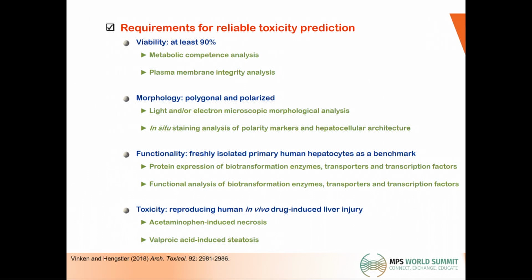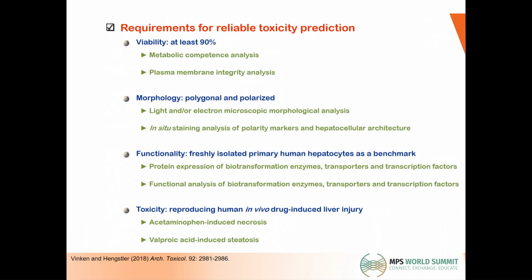Now, the second issue here is that very often claims regarding functionality are being made by authors based on mRNA expression of a number of functionality parameters like biotransformation enzymes, drug transporters, but we all know that mRNA needs to be translated into proteins and that then needs to become activated. So it's not because you have some expression of mRNA that it will be active.